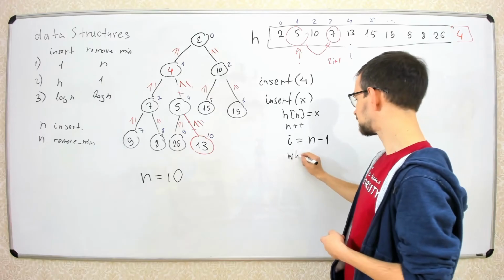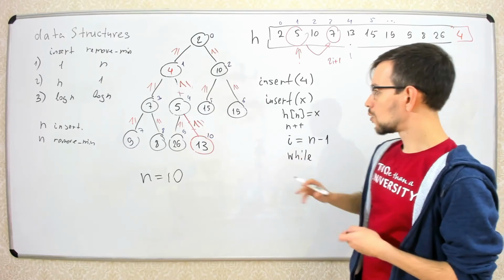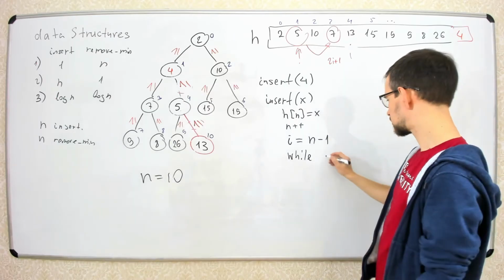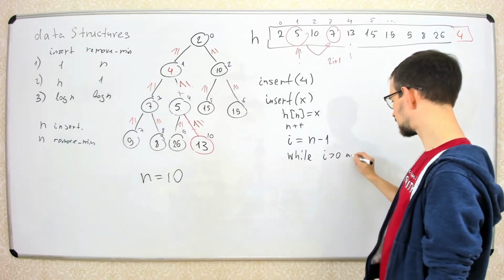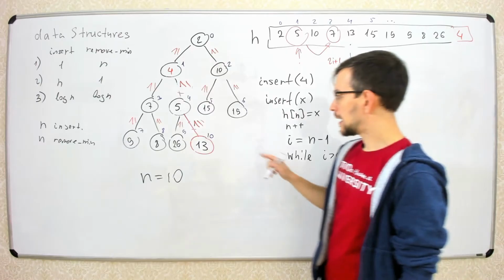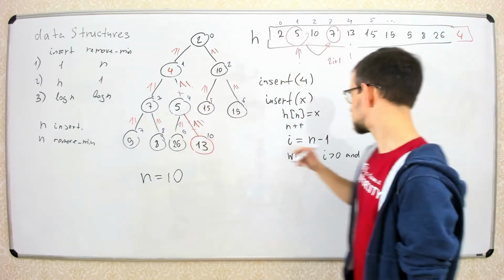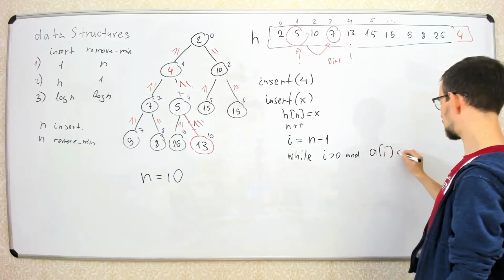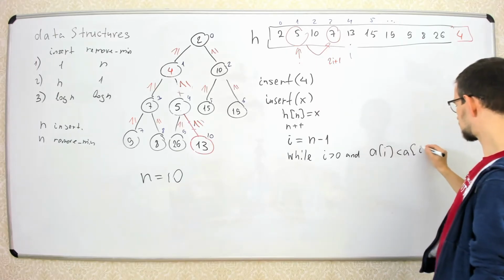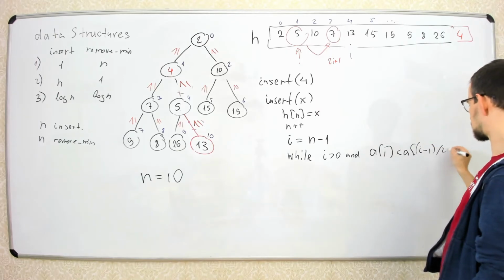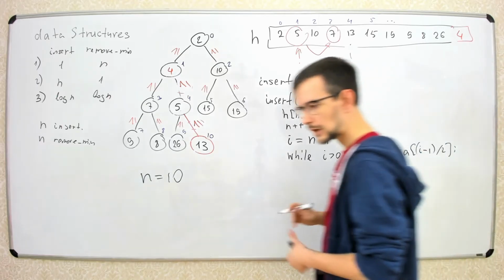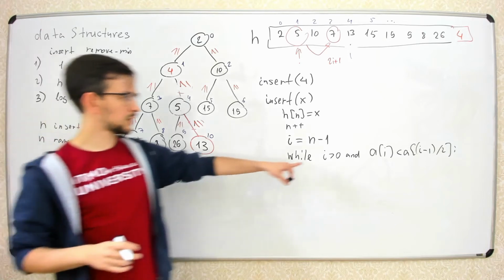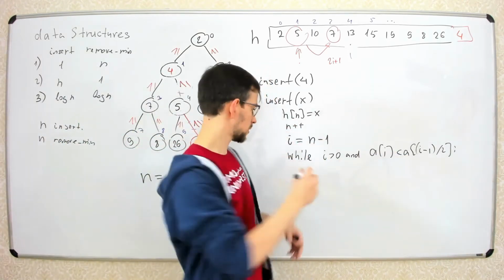So while we can move it up, we can move it up if it is not the first element, so if i is greater than 0, and it is less than its parent. And the parent has index (i minus 1) over 2. If it is less than the parent, then we swap these two elements.